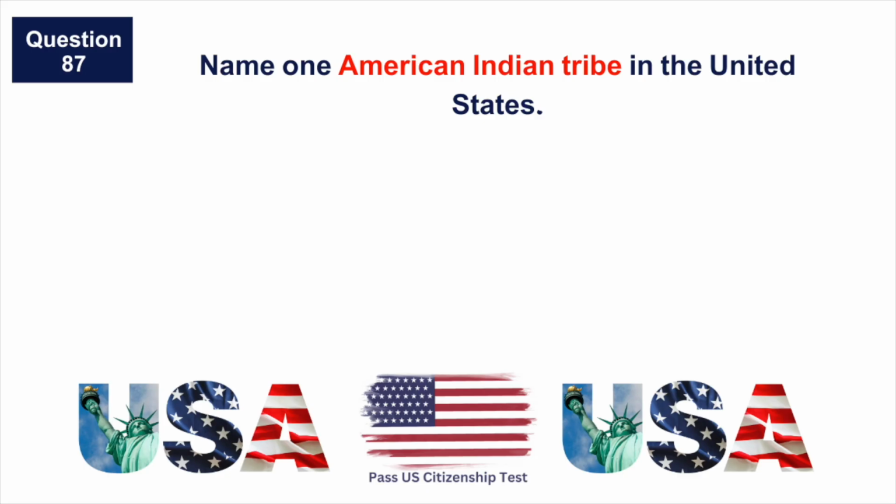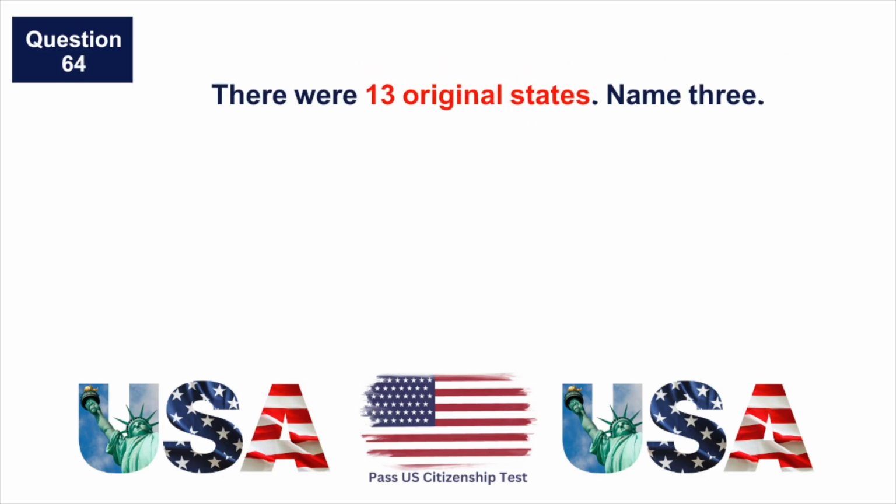Name one American Indian tribe in the United States. Cherokee. There were 13 original states. Name 3.